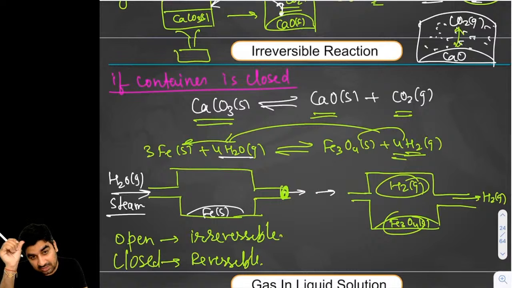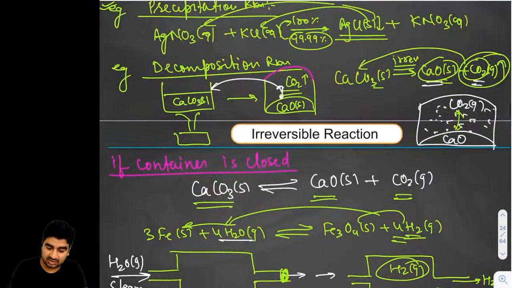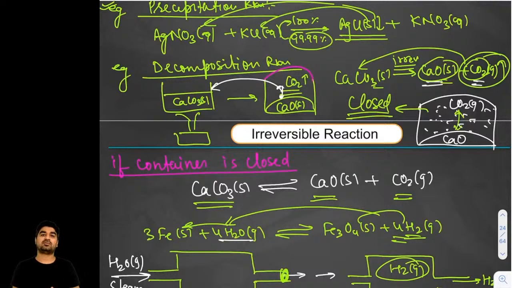So if gases are involved and you want to establish an equilibrium, then you have to take the closed container only, right? Equilibrium for gases can be done only in the closed container.